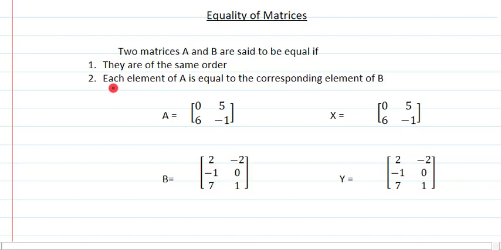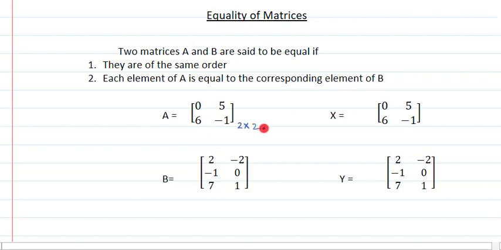And second point is each element of the first matrix, that is matrix A, is equal to the corresponding element of matrix B.